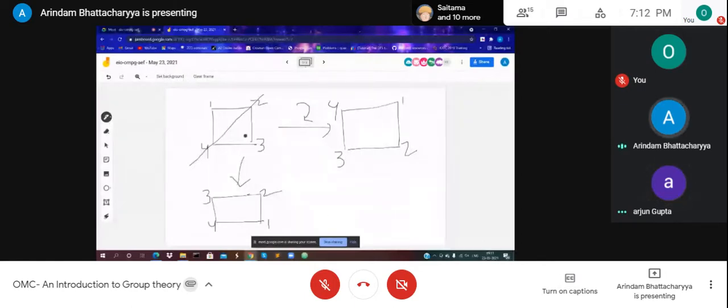So the thing is, how do I explain this? Just believe me for now that if you don't tear the square, and you just rotate it or reflect it, adjacent points will always remain adjacent.